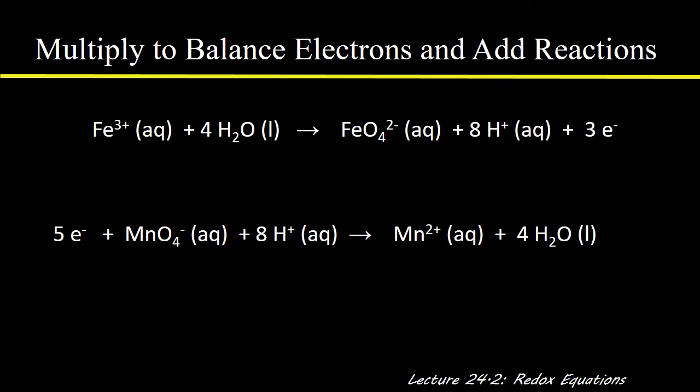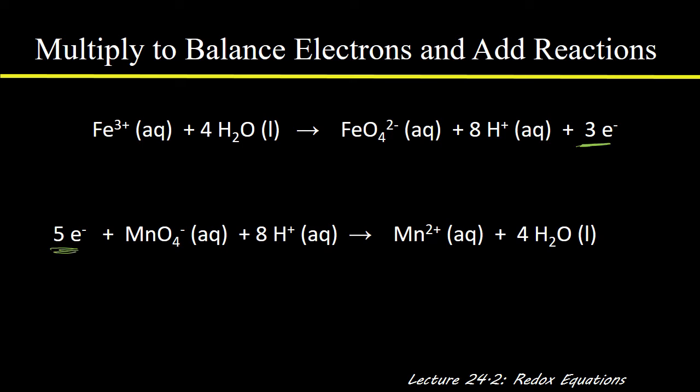All right. Our next step is to multiply each reaction so that the number of electrons produced in one reaction is equal to the number of electrons consumed in the other reaction. And when you do this, sometimes the numbers can get pretty big, and that's why you need to be really, really careful with these. You've got to go slow and methodically. All right, we've got 3 electrons over here, 5 electrons over here.